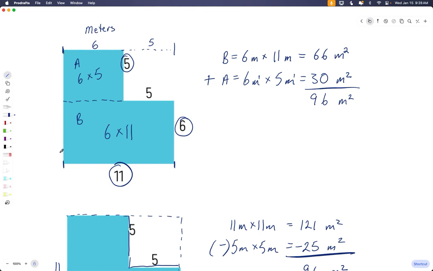Use your corners, line them up, and say, okay, this is the total length. Find the longest length and compare it to its parallel side. Parallel sides, meaning sides that are opposite one another, are going to be equal in most of these shapes.